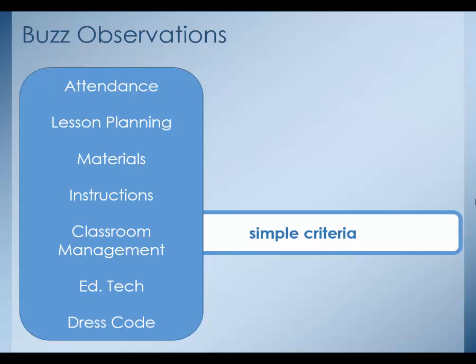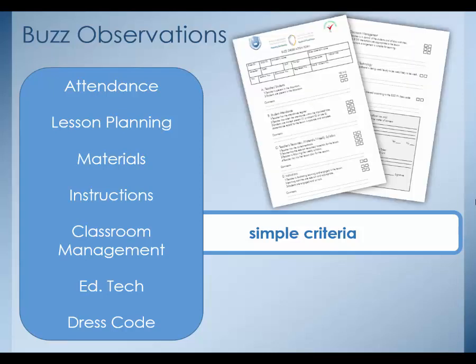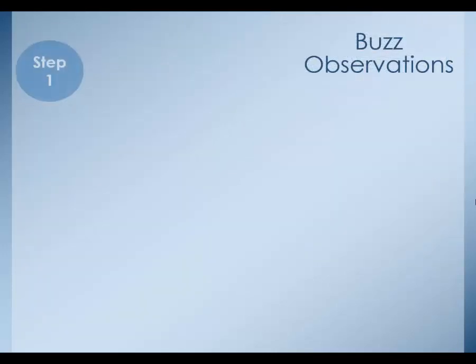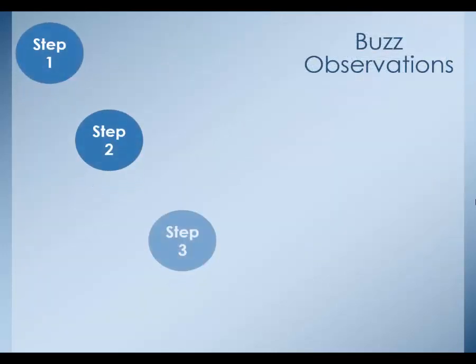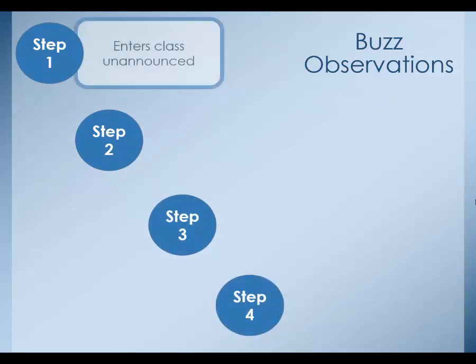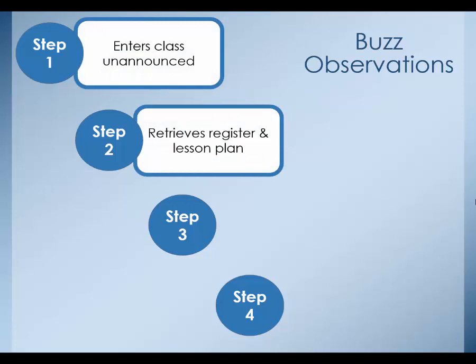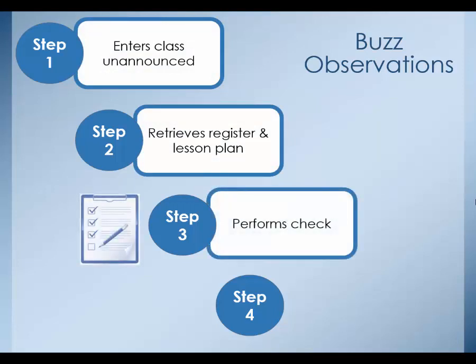The buzz observation forms outlining the specific criteria can also be found on the portal. The buzz observation procedure is very simple. A member of management enters your class unannounced, retrieves your register and lesson plan, and quietly sits in the back, performing the simple check within about 10 minutes.